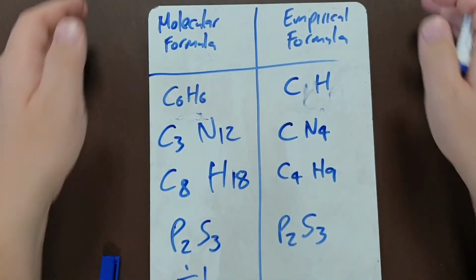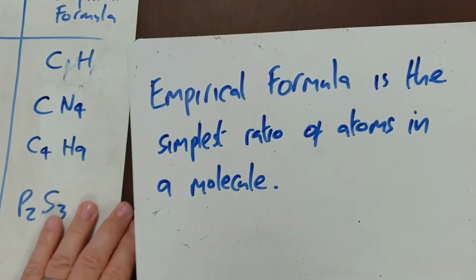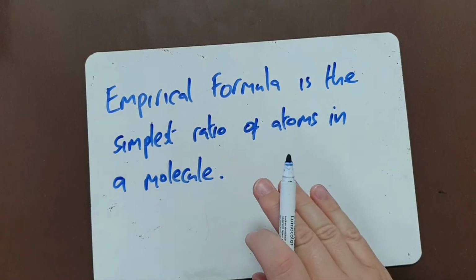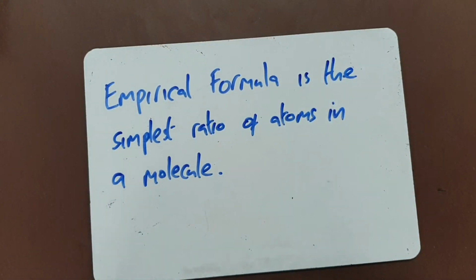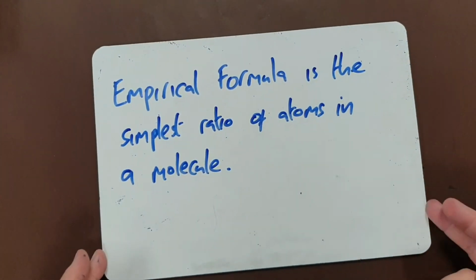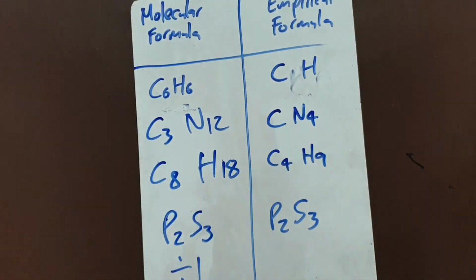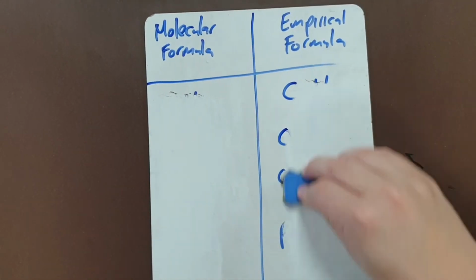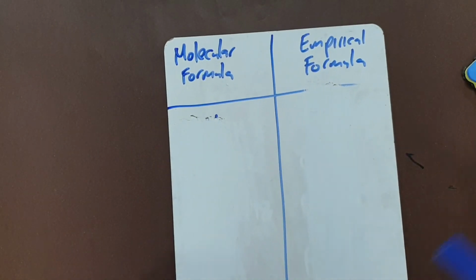So what is empirical formula? Empirical formula is the simplest ratio of atoms in a molecule. If they give you the molecular formula in any question, it's just a question of simplifying it to get the empirical formula.